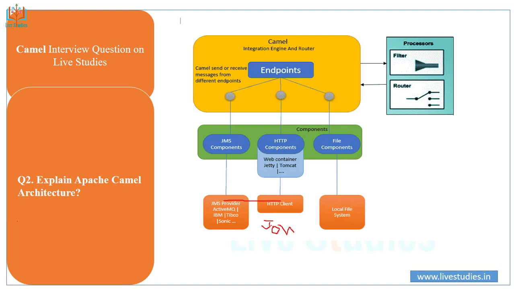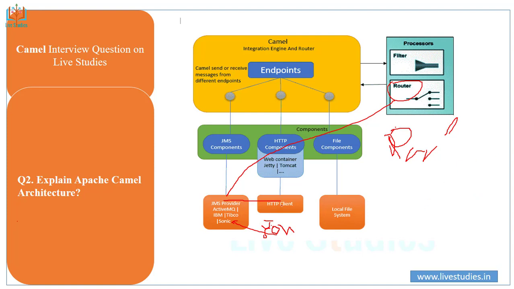Okay, it means you can easily route JSON to JMS, both ways. Okay, this one, not a router, actually not a router, route. Route.